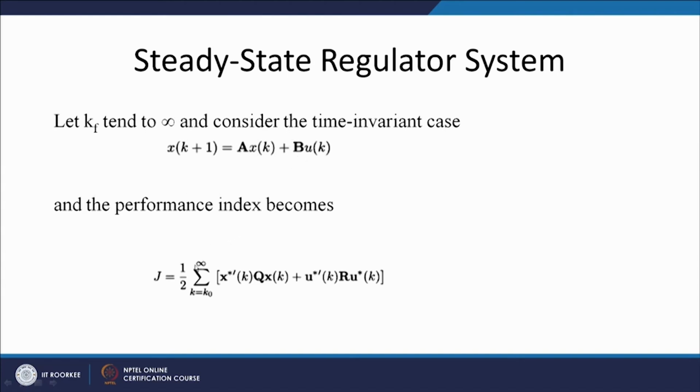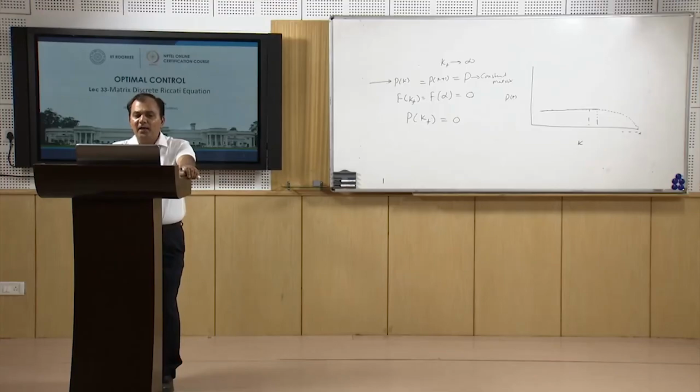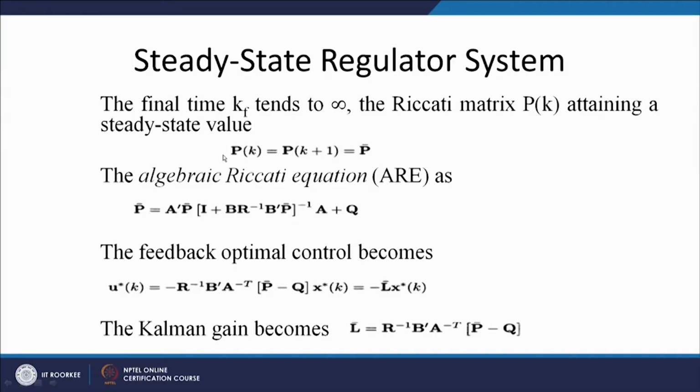And my performance index, because K_f is infinity, has no meaning for the terminal cost, so it will be 0, and we have only half of the summation from k_0 to infinity of x' Q x plus u' R u, where Q is positive definite and R is positive definite, but now these two matrices will also be constant matrices. So, my A, B, Q, R are constant matrices, my P_k and P_{k+1} are equal to a constant matrix, say P bar.